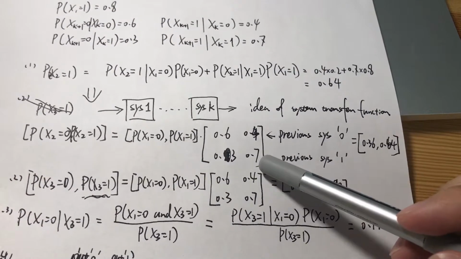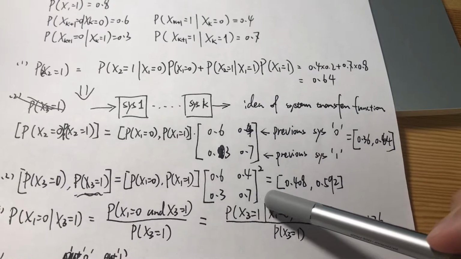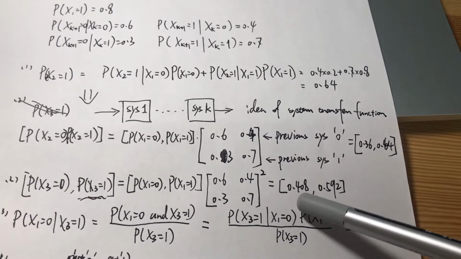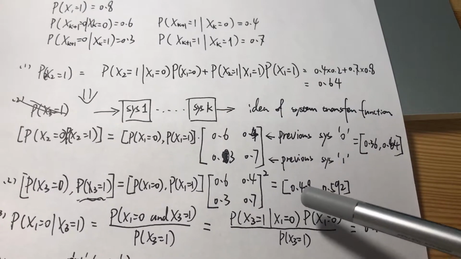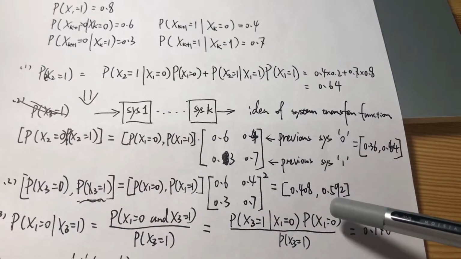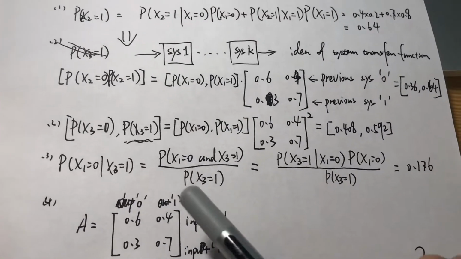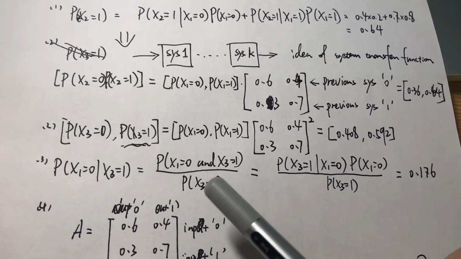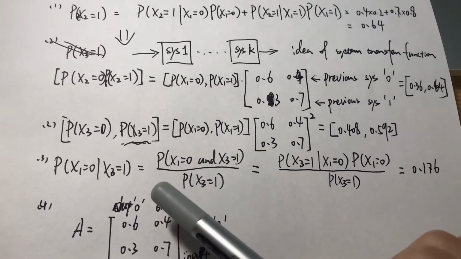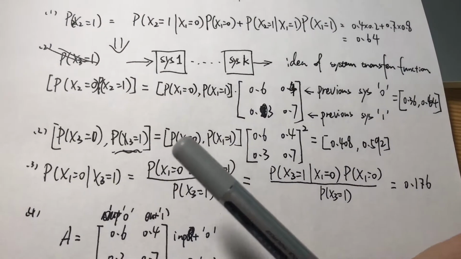So we use the square here, and the product is 0.408 and 0.592.